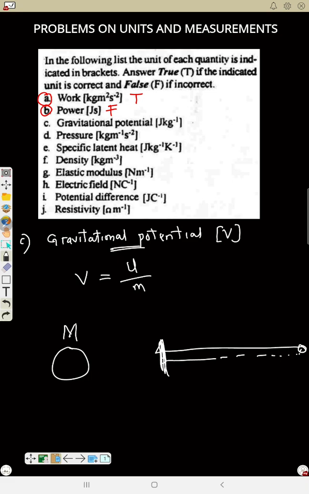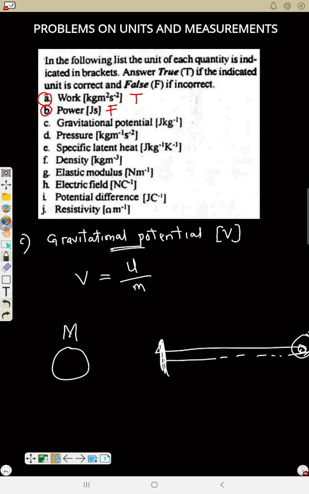So gravitational potential is defined as the amount of work to get a body of unit mass from infinity to the point where potential must be calculated. The work done in taking this ball back from the infinite position to this point is gravitational potential. That work done is what I represent as U, or the energy.